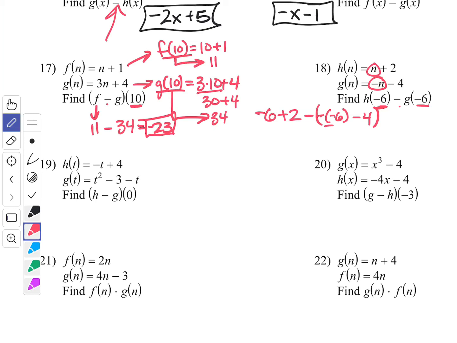Okay. So negative would be a plus 6, but then minus would make it a minus 6. So negative 6 plus 2 minus 6, but then that minus changes that minus 4 to a plus 4. Negative 6 plus 2 is negative 4, minus 6 is negative 10, plus 4 gives us negative 6 for our answer.